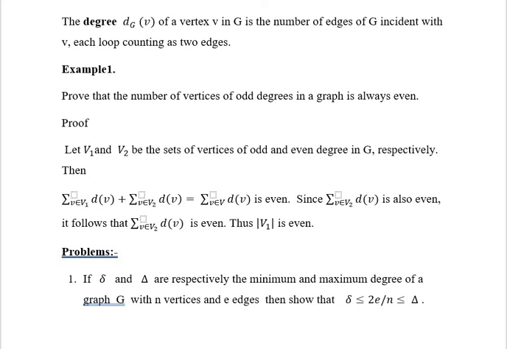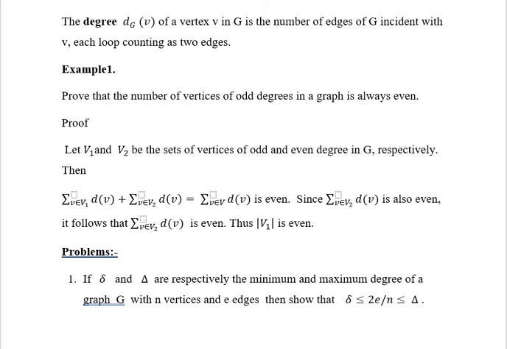So we can write sigma v element of V, degree of v, equal to an even number, because we have seen that sigma v element of V, degree of v, is 2 times E, where E indicates the edge set of the graph. No matter whether E is even or odd, multiplying that number by 2 gives an even value. That's why the sum is an even number.